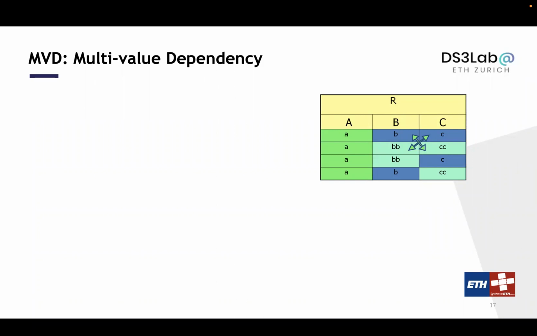You have the values C and CC. Each one has 2 potential values, and then you have 4 different tuples. In this case, the values of B and C are essentially independent of each other.